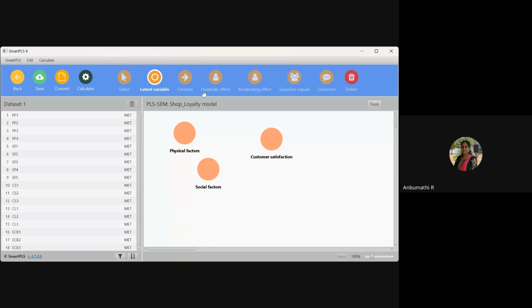So we have one more latent variable, and then again alpha. You can delete it and type customer loyalty and press enter. Please give a heads up when you have created these four variables.